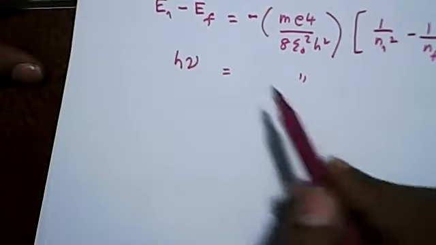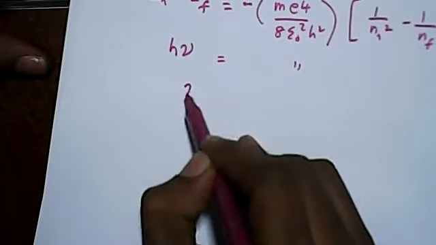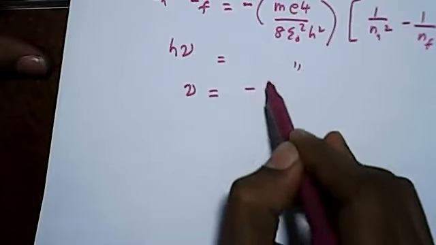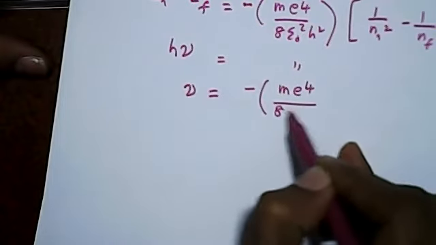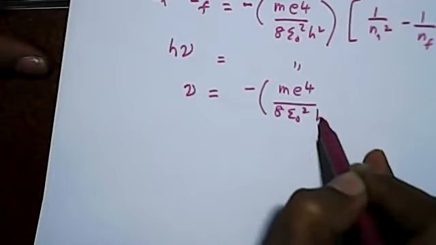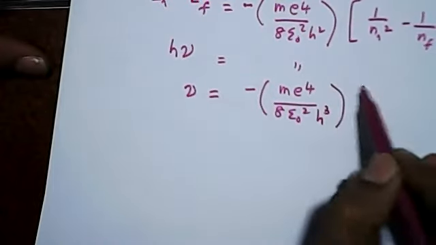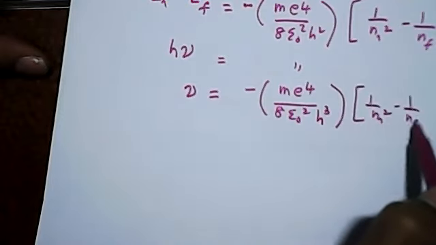Now let this h go to the other side. So nu equal to minus m e to the power of 4 by 8 epsilon 0 square h cube into 1 by n_i square minus 1 by n_f square.